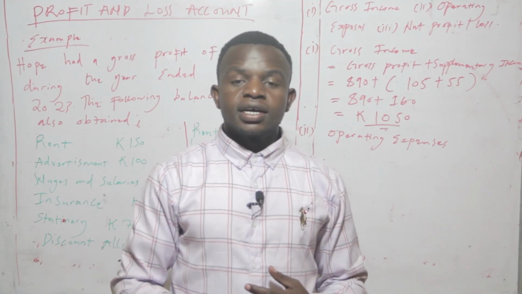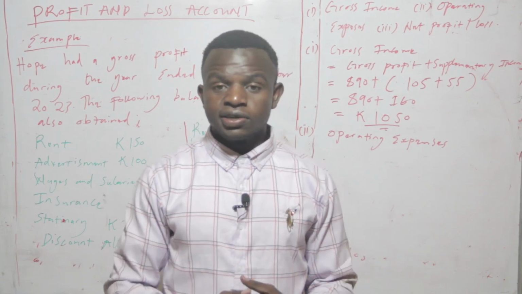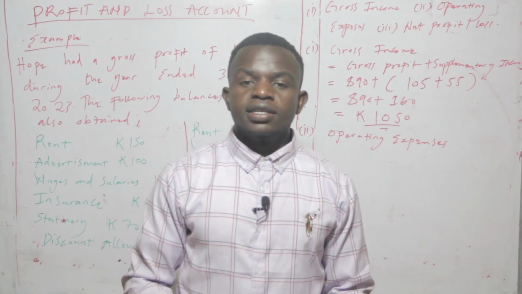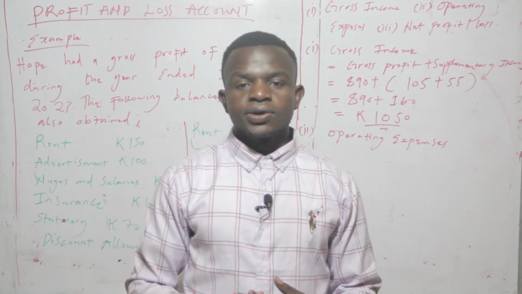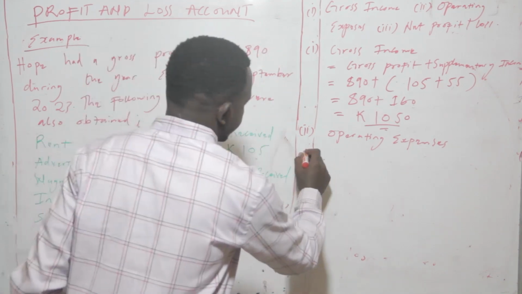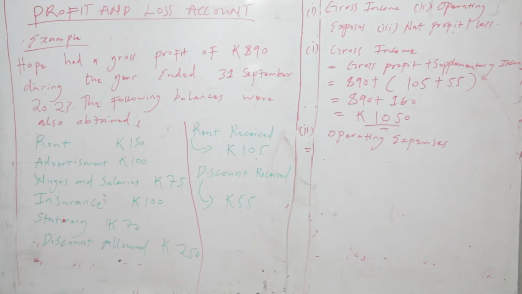Examples of operating expenses are selling and distributive expenses, administrative expenses, then we also have financial expenses. So let us find these expenses. Our expenses there, we're going to have rent, advertisement, wages, insurance, stationery, and discount allowed.